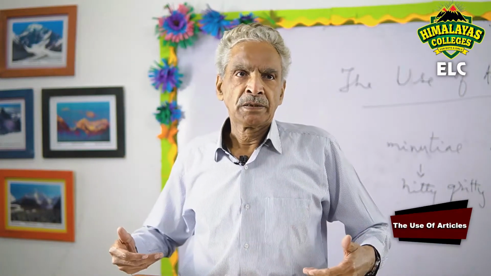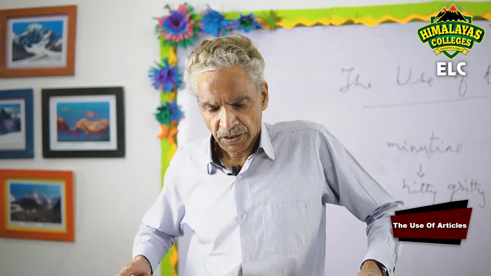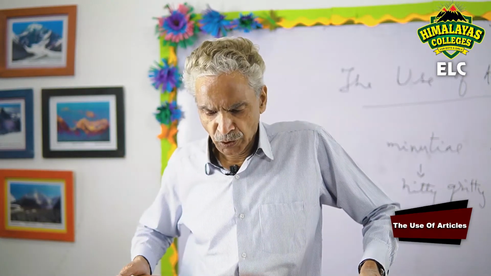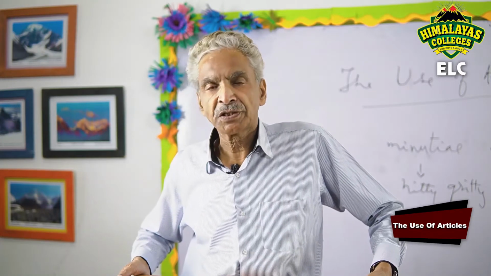And the brief Longman's chart that I'll be benefiting from tells us a great deal about the use of countable nouns. And we'll get to know which article can be used with which type of noun.